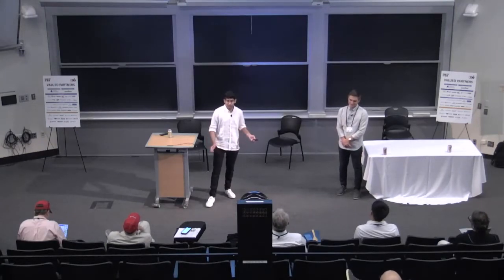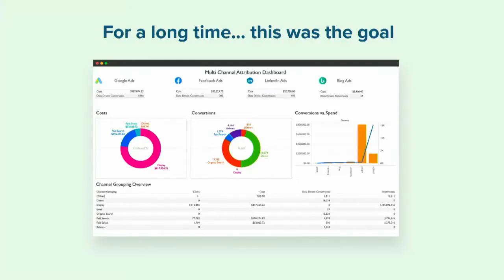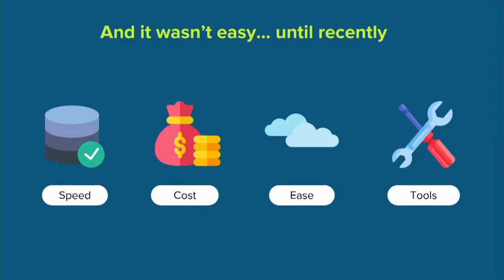For a long time, this was really the goal of all data teams, and this wasn't easy. Creating BI dashboards that showed all the metrics, all the trends, all your data in one place was a difficult task and still is today. You had to worry about the speed of serving these insights, the cost of serving them, the ease of setting it all up with limited headcount and a lot of data functions at very large companies.